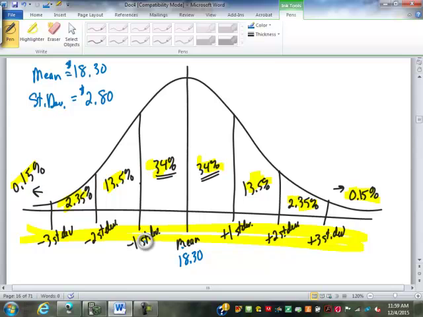One standard deviation less than that means I subtract the standard deviation. So $18.30 minus $2.80 is $15.50. If I go another standard deviation below, what am I going to do? I'm going to subtract it again. $15.50 minus another $2.80 is $12.70.